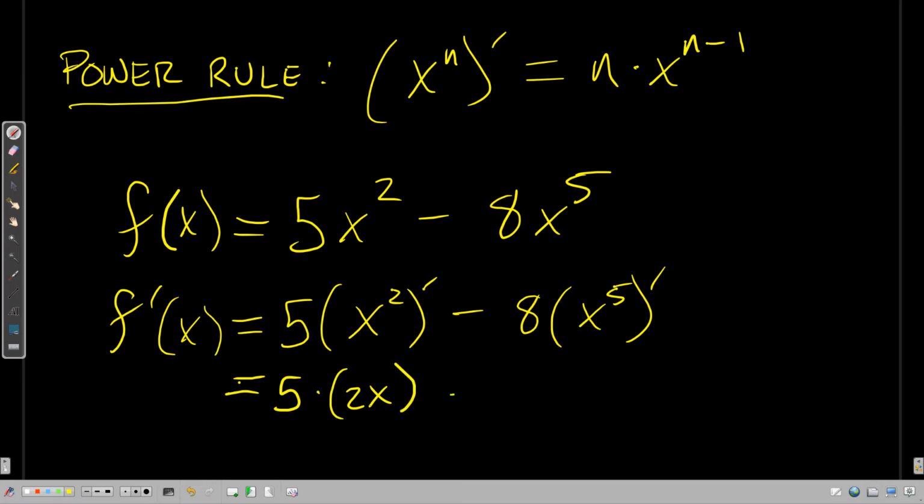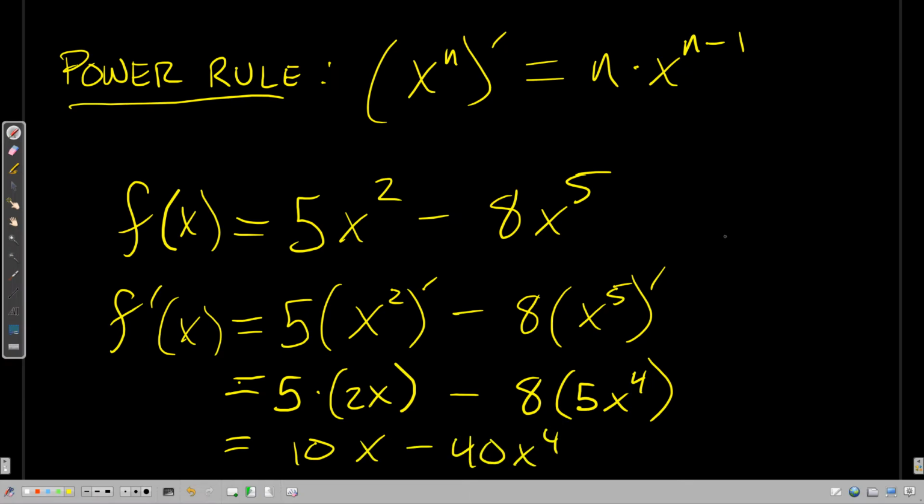And since the exponent is 1, you don't write it. And then over here you'd have your 5 comes down, and then it's x to the 5 minus 1. But 5 minus 1 is 4. And this is not completed yet, because you would simplify it to say 10x minus 40x to the fourth. And if you can go from here to here, by all means, do it.